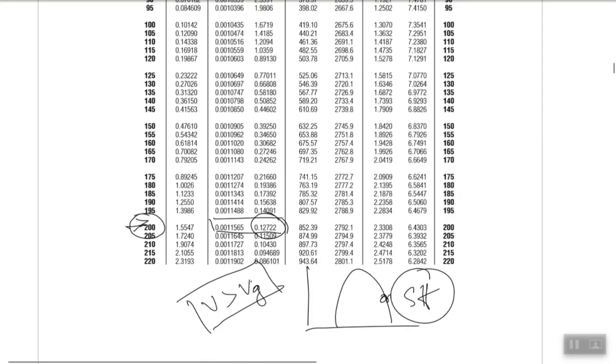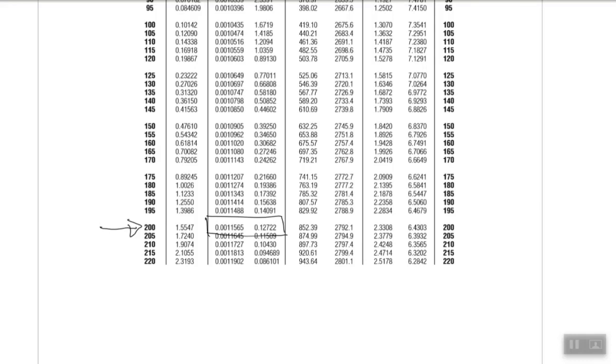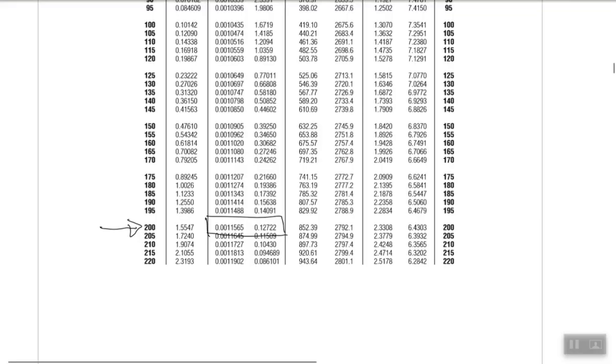Let me clear this for you first. At 200 degrees centigrade, check the values of Vf and Vg. Our own value is 0.5 cubic meter per kg. The value of Vg is obviously less than 0.5 cubic meter per kg, which means we are in a superheated region.